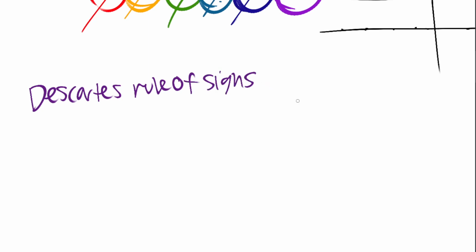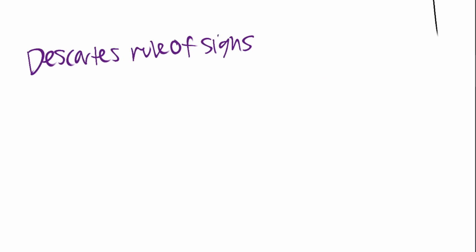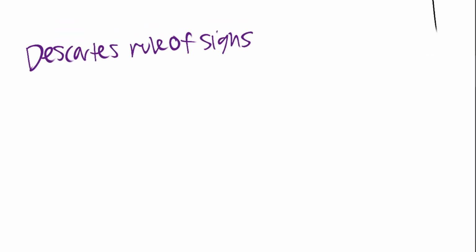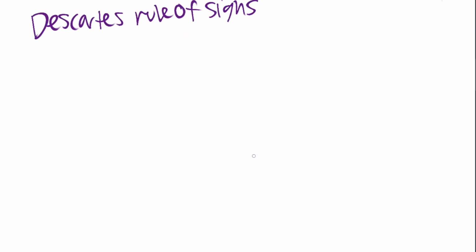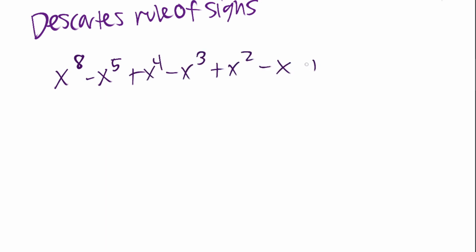So Descartes was an old mathematician, and I don't know how he figured this out, but basically he said, let's say we have a problem, and I'm going to choose one from our homework. Say we have something like x to the 8th minus x to the 5th plus x to the 4th minus x cubed plus x squared minus x plus 1.